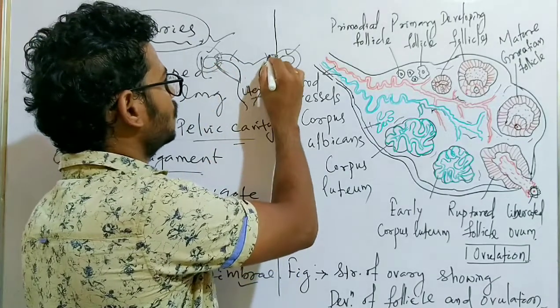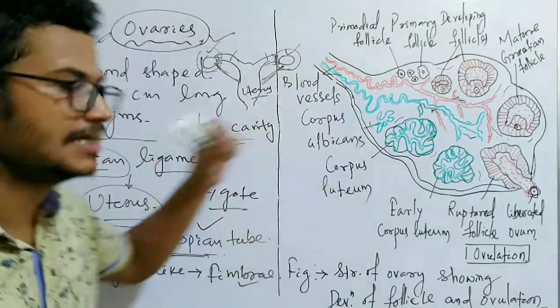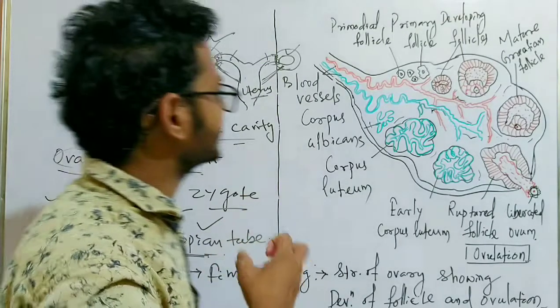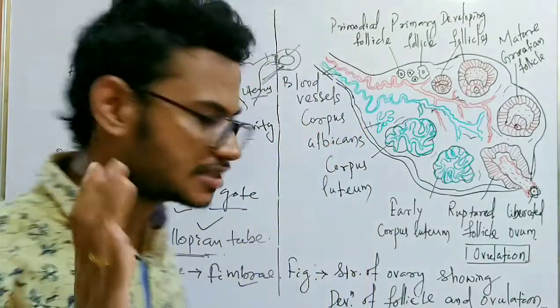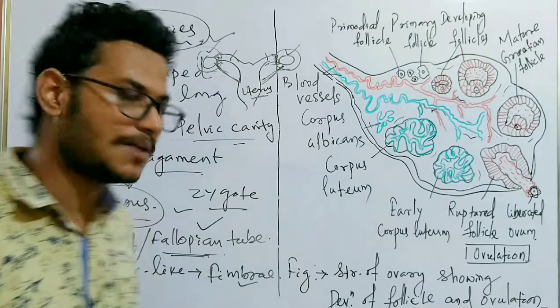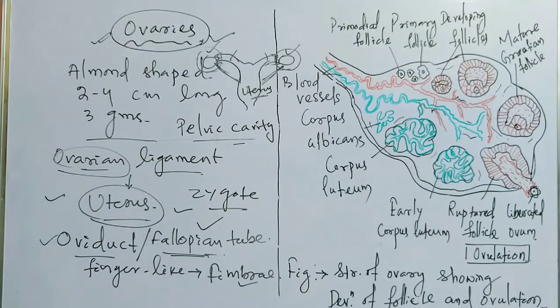With the help of the oviduct also it is attached to the uterus. So this is the basic idea about the structure of the ovary and its location, and how it is fixed in its position with the help of the ovarian ligament.